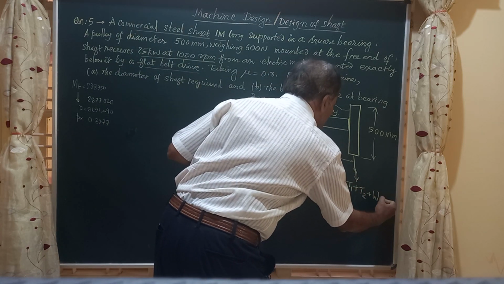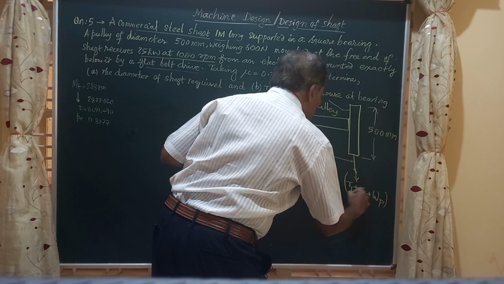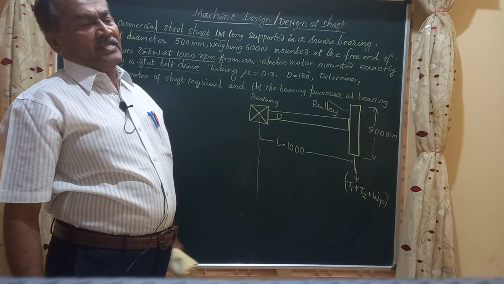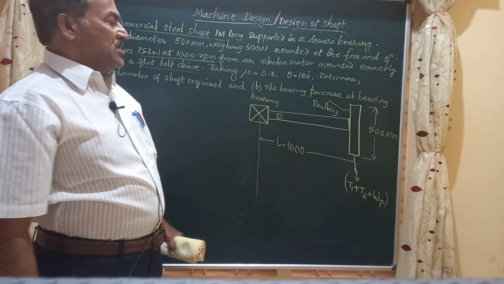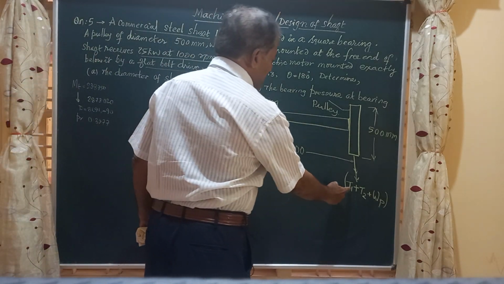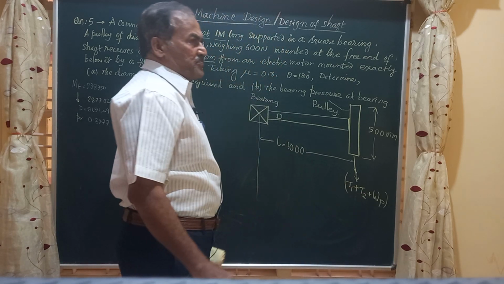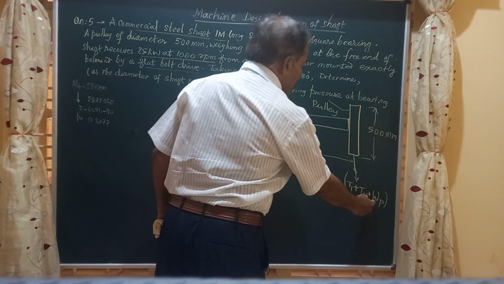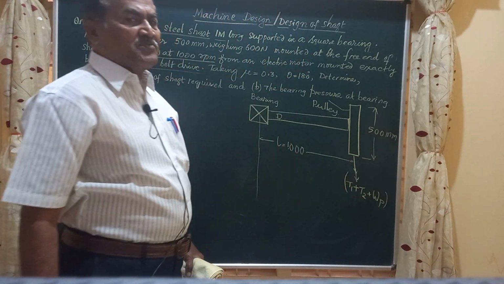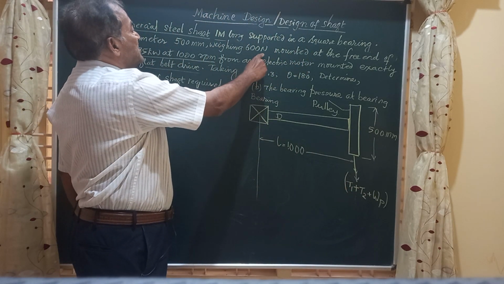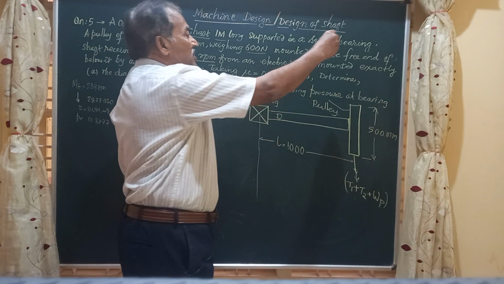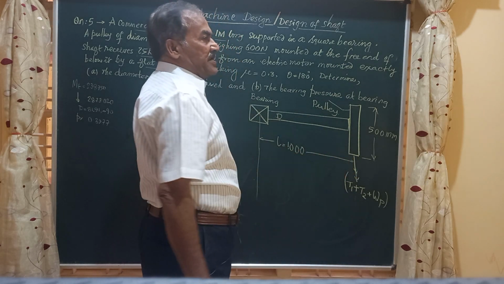So these are the three loads that are pulling the pulley of the shaft in the downward direction. So friends, if you are able to find out T1 and T2, the belt tensions, and since we know the value of Wp, the weight of the pulley, which is given to be 600 Newton, friends, you will be able to find out what is the total load at this point.